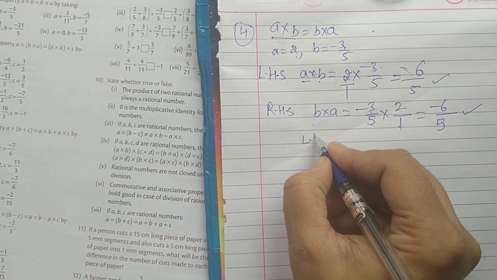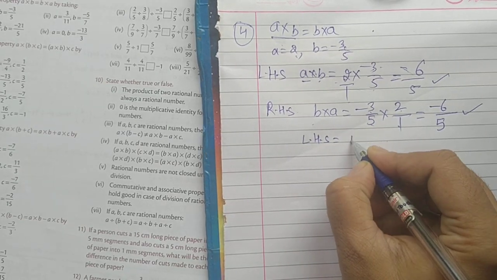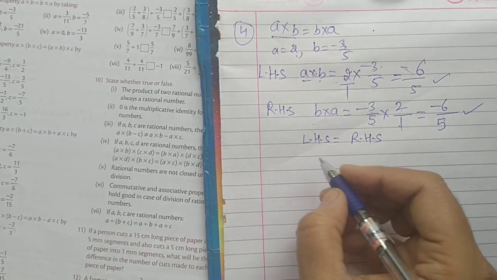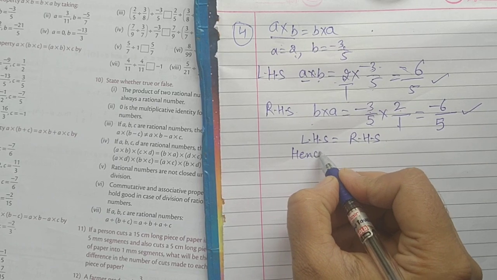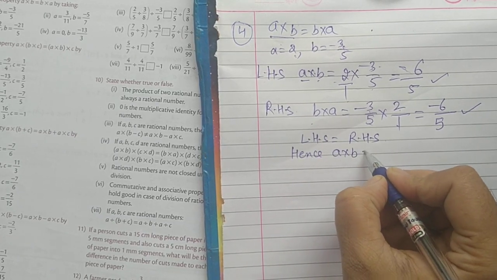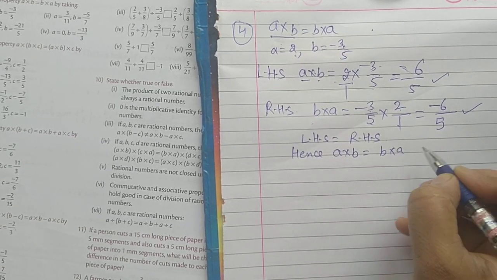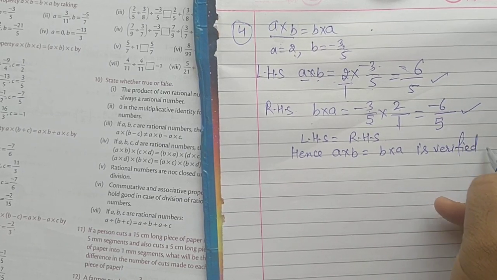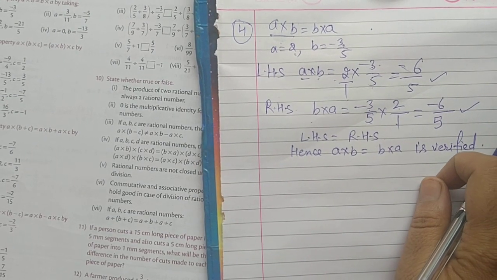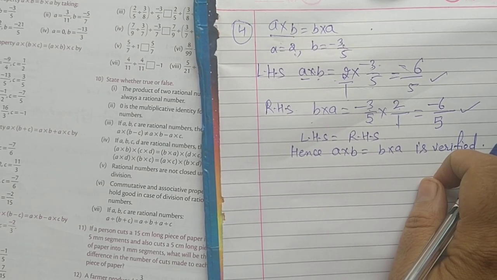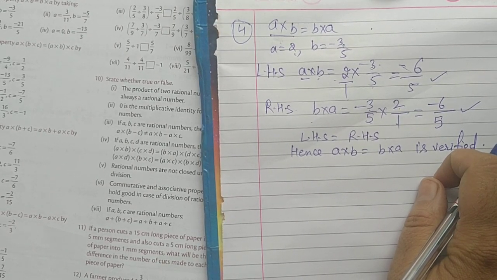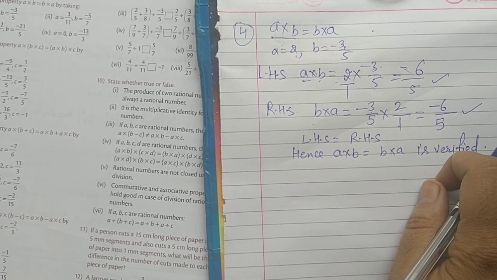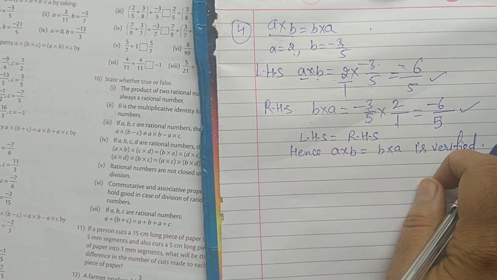So we will write left hand side is equal to right hand side. Hence, A multiplied by B is equal to B multiplied by A is verified. I think this question is clear to you. Then other parts, part 2, 3 and 4 is same. You will try by yourself.